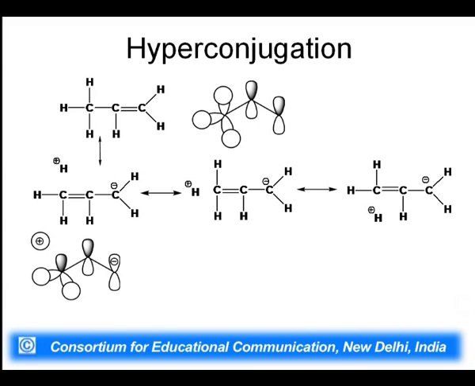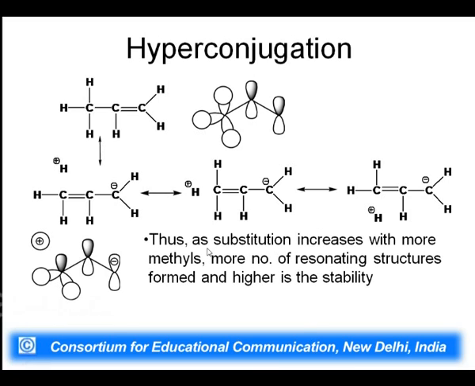But for the stability of alkenes, we should understand that as methyls are put on ethene, with one methyl we got propene. So, there are three resonating hyperconjugative structures.